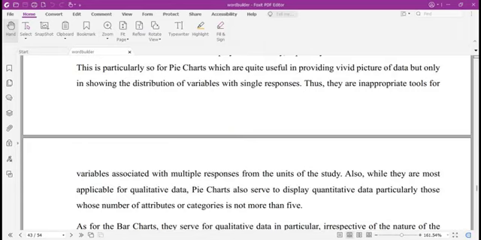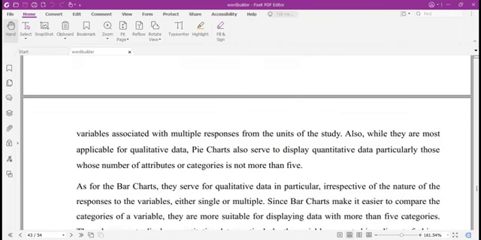If you get your questionnaire and you have so many responses from so many respondents, using a pie chart will not be the right thing because it has its limitations. Also, while they are most applicable for qualitative data, pie charts also serve to display quantitative data, particularly those whose number of attributes or categories is not more than 5.